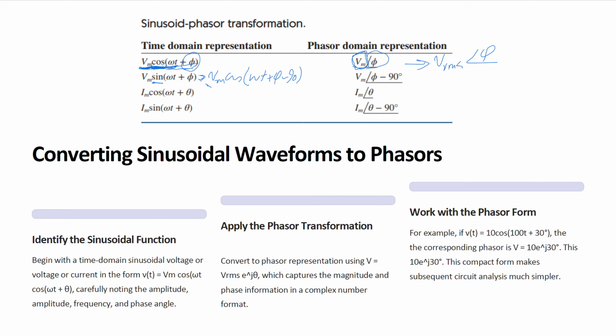So if you have a sine, your phasor is going to be the RMS value, initial angle, minus 90. Same goes for the current. This is for voltage, same goes for the current. So this is how you can transfer the sinusoidal value in the time domain to the phasor value, which is in the frequency domain.